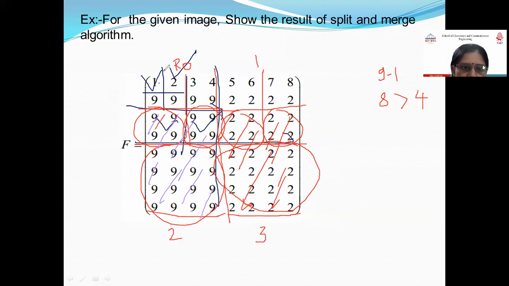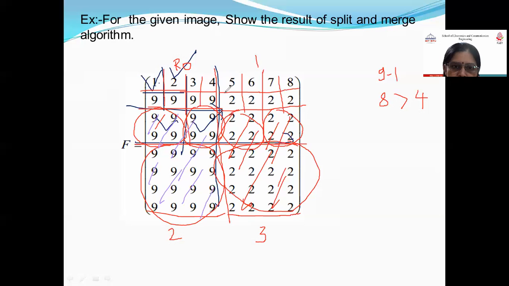Then we go to this region, again difference is more, so we need to split it further. Again for this region condition is not satisfied, so we need to split it further. Again same here, 6 minus 2 is greater than 4, less than 4 condition is not satisfied, so we need to split it. Same is true here, we need to split.